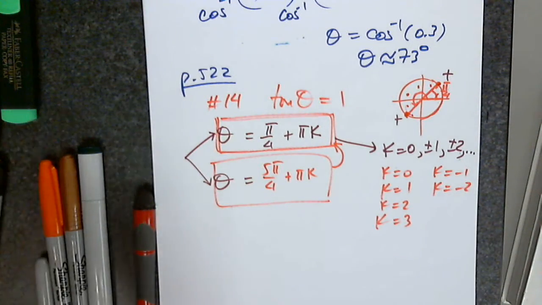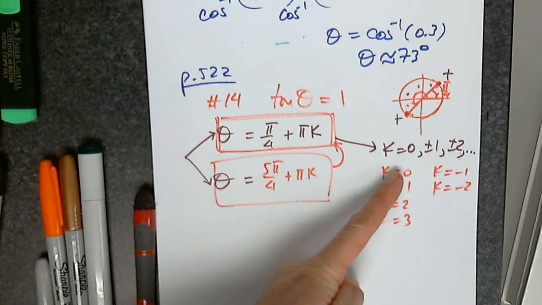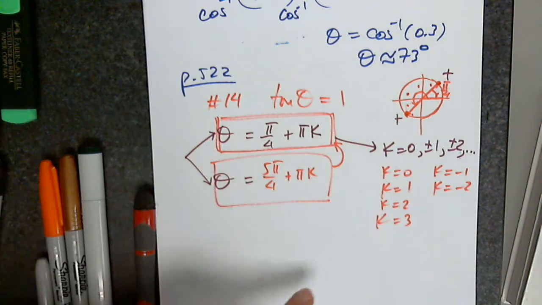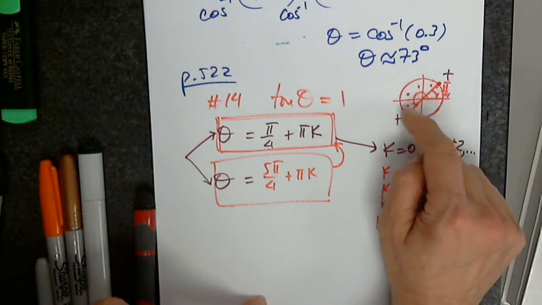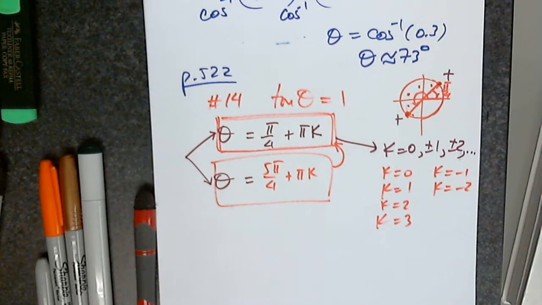And this is the solution. Infinitely many solutions, actually, because of k. K is any integer. So this will continue as many times as you want for any k that you want. Is this clear?